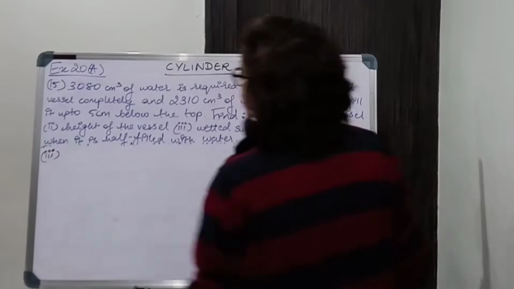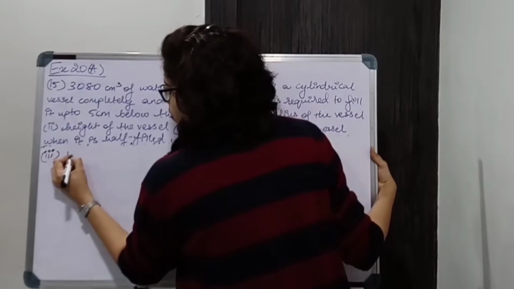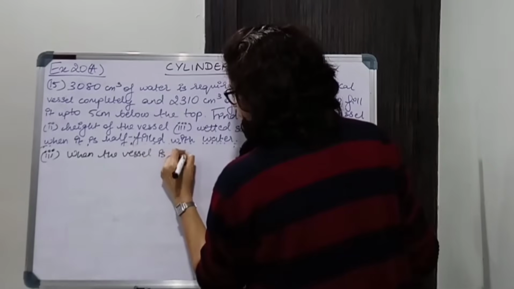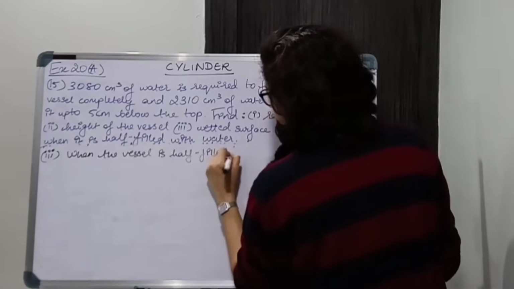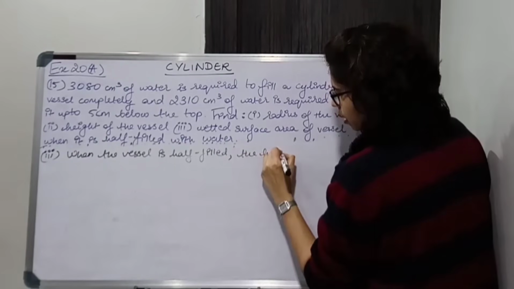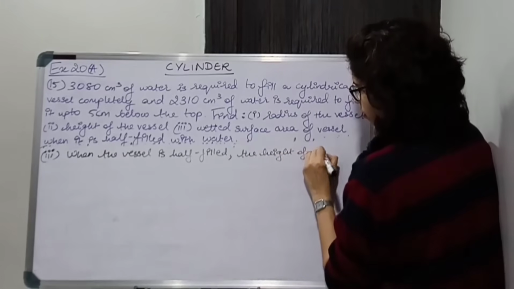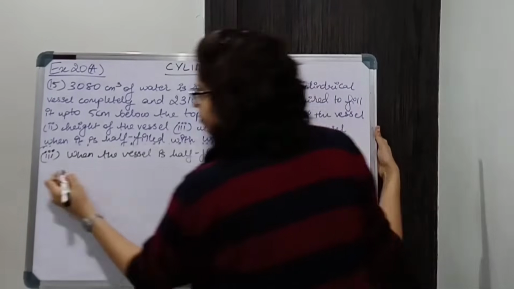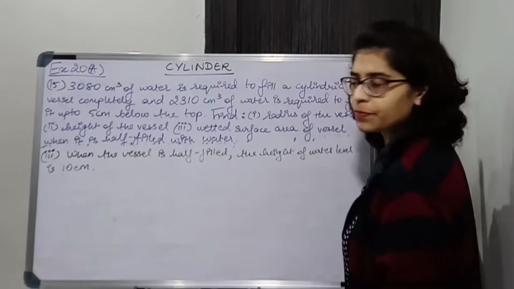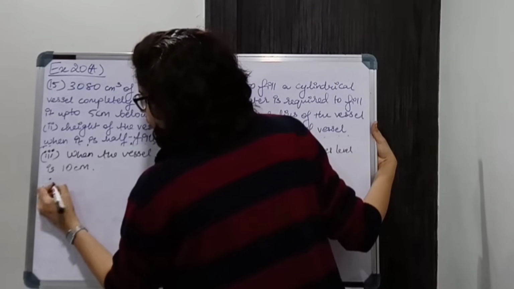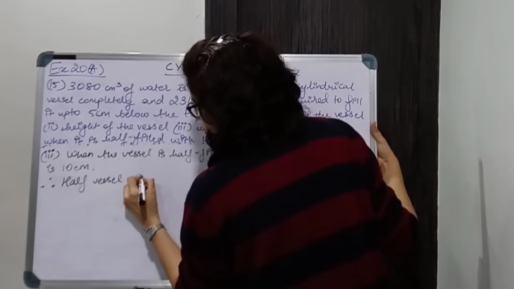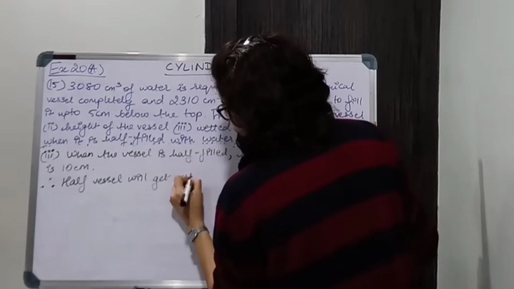Moving to the third part of the question, when the vessel is half filled, okay, the height of water level is 10 centimeter. ठीक है, all right, so therefore half vessel will get wet.